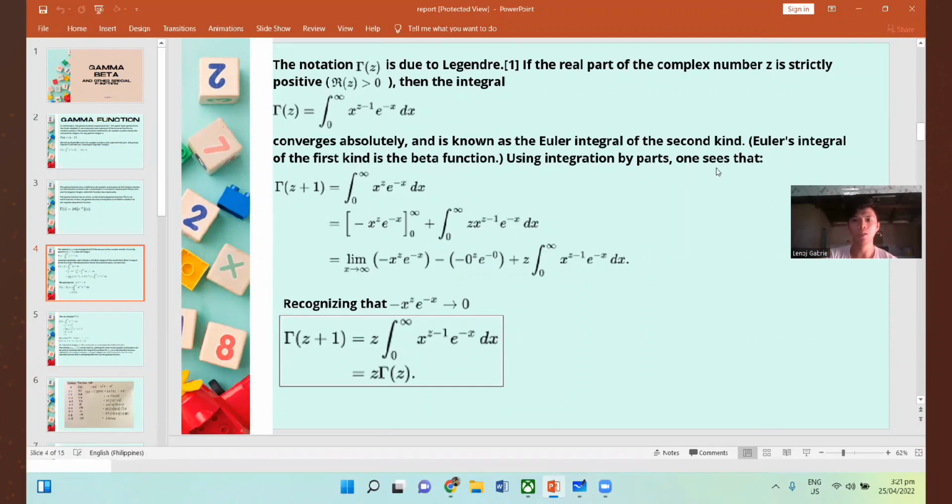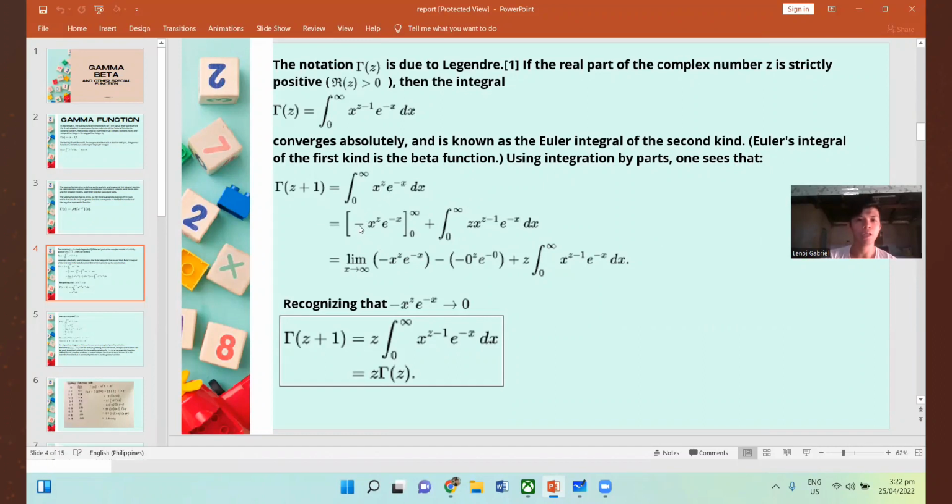Using integration by parts, one sees that gamma of z plus 1 is equal to the integral from 0 to infinity of x raised to z e raised to negative x dx. So dito, nag-integration by parts siya. So hindi shortcut.